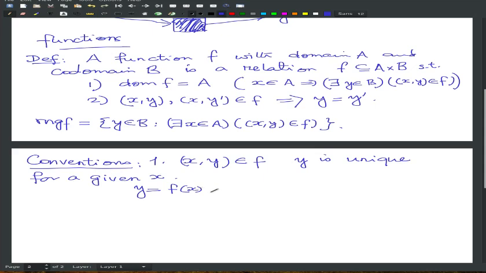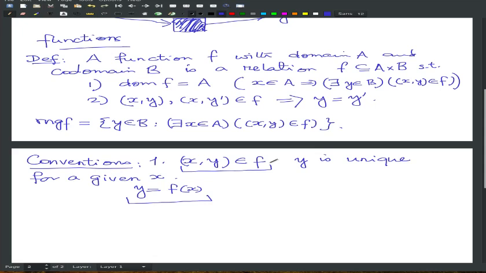So this is nothing else but a restatement of this fact. So that is how we write it. And this we could not do for a general relation because, as I indicated, a single x might be related to several y's. So you cannot do it.